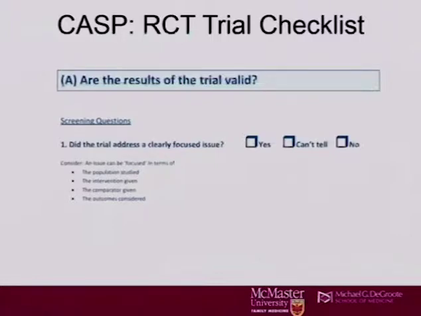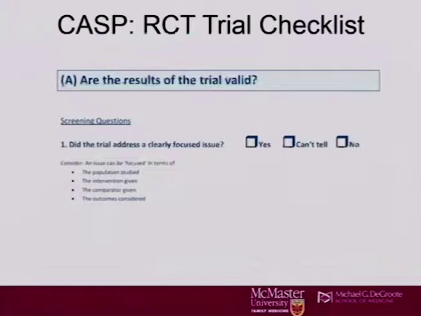And I'm going to go through this quickly because you can certainly take a look at it, download it, and probably, I don't know if you can enter it online, I don't think you can, but possibly in paper form, you can tick away and figure out where your research quality lies. So the first set of questions in this checklist are basically screening questions to figure out whether you should really pursue this particular citation any further.